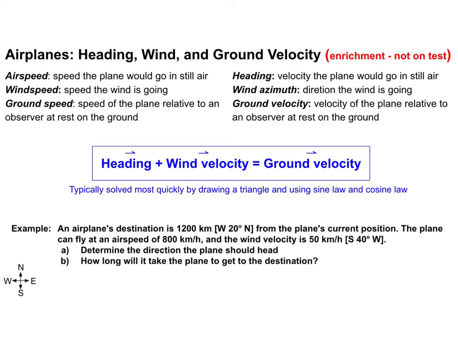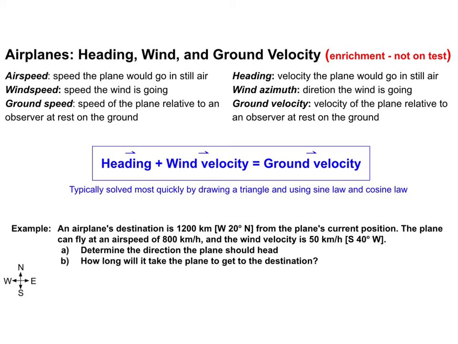So I'm going to use the word heading to represent the velocity that the plane would go in still air. So that's basically just the air speed along with which direction it would go if there was no wind. And then wind azimuth is just a term used for the direction of the wind. And then ground velocity would be the velocity of the plane relative to an observer on the ground.